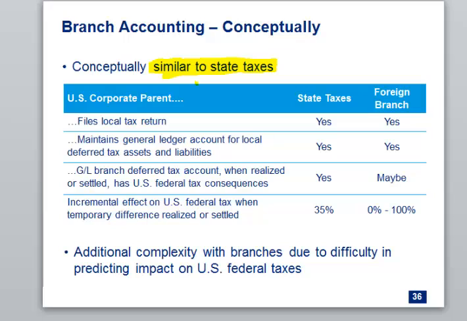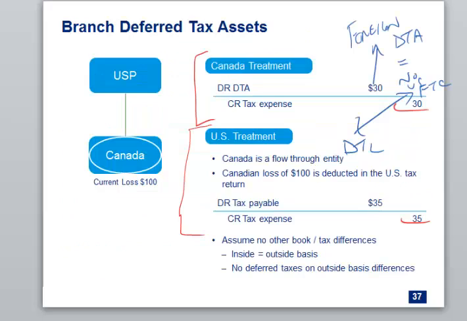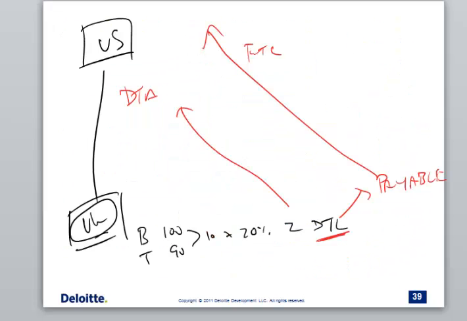With a branch structure, it's Fed and foreign. It's not Fed and state. Same thing. Okay? So just how we had state deferreds and we had Fed effective states, in this example, we have foreign deferreds and Fed effective foreign. And it's not a deduction we get, it's a foreign tax credit, assuming we claim the credit.